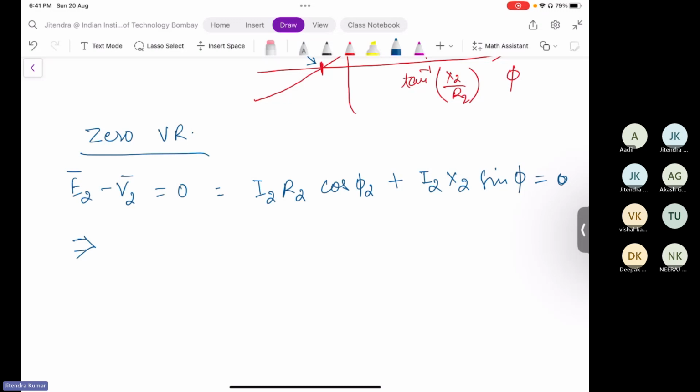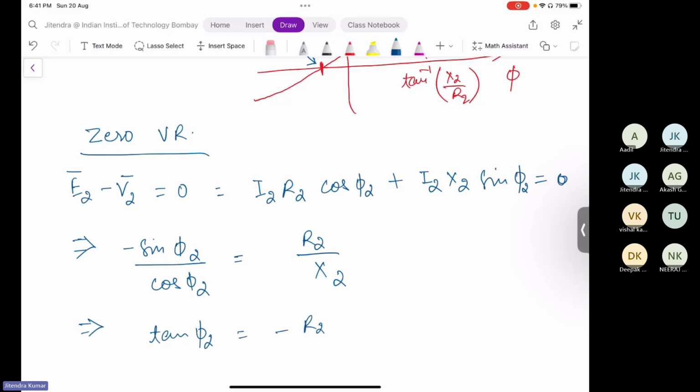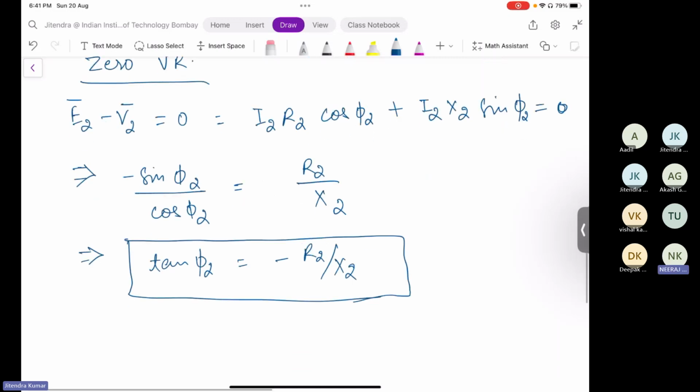So minus sin phi 2 divided by cos phi 2 is equal to R2 by X2. Can I write like this? Tan phi 2 equal to minus R2 by X2. So this power factor angle is coming as negative.